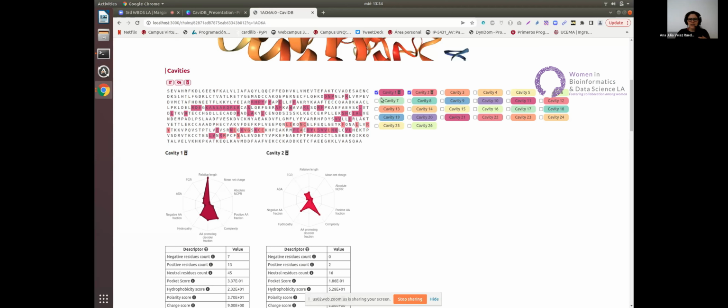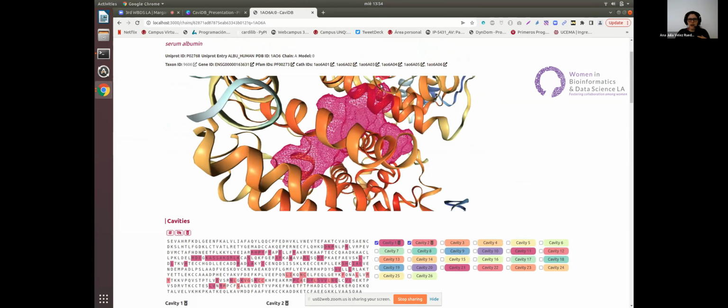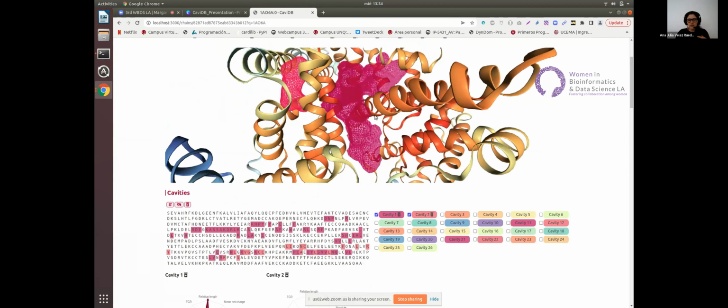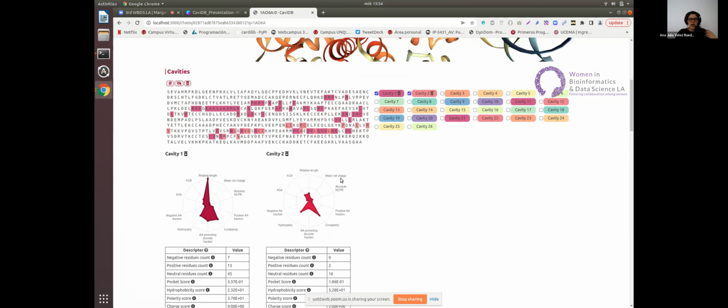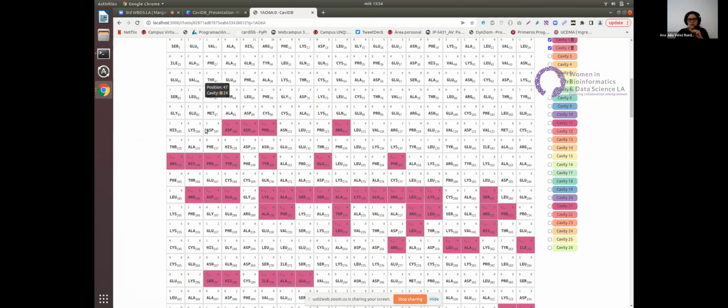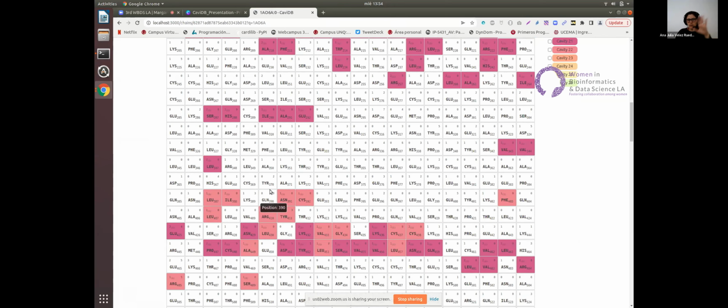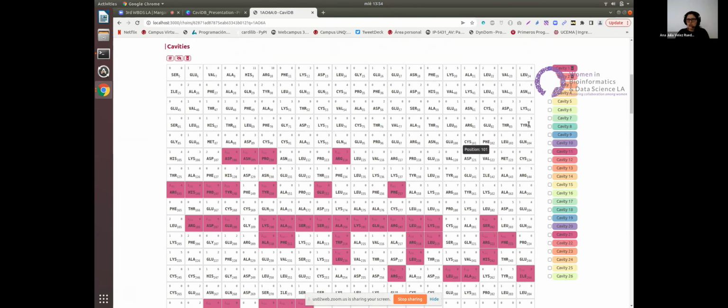Once you click here, the cavities are highlighted here in the structure and also in the sequence. You can check the information or the specific residues in which the cavity is by clicking here, and you can access the whole or the complete sequence of the protein. Also check other cavities and in which positions they are.